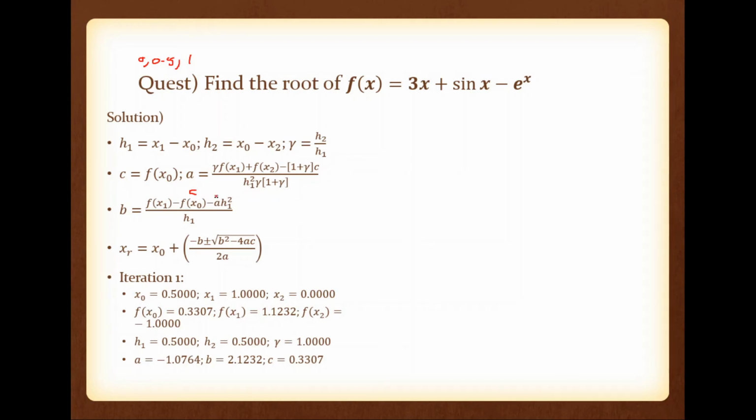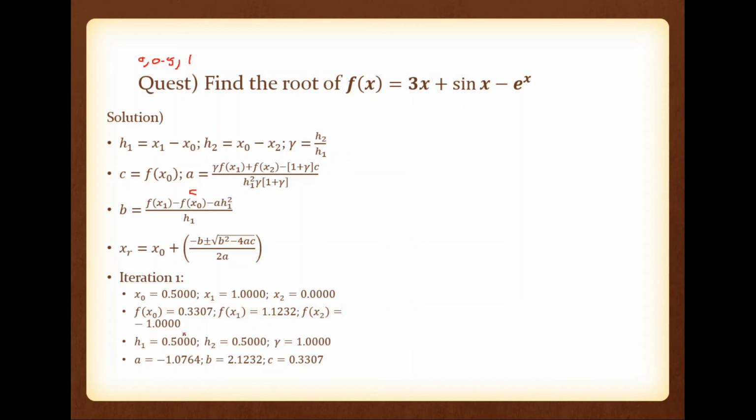So that is equal to 1 into 1.1232 plus minus 1.0000 minus 1 plus 1 into 0.3307, that is c, divided by 0.5 square into 1 plus 1. Means you can substitute these values into this equation.